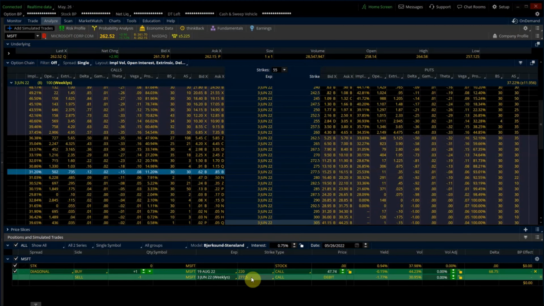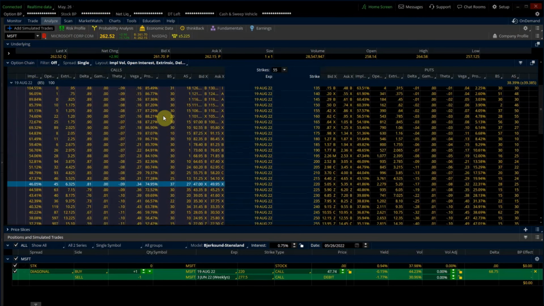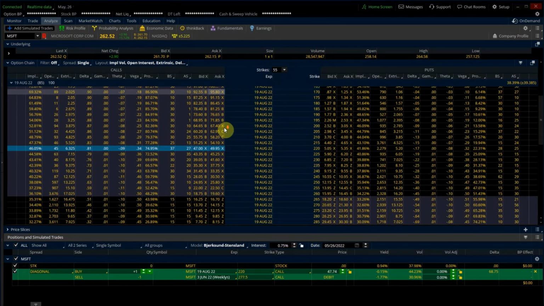So moving on to the other trade, which is buying a deep out of the money long call. Same thing here. I'm going to select a contract that is probably expiring 3 to 6 months out. I will select the one that is expiring on the 19th of August. Okay. And now instead of a two-legged option, I'm just going to select a single leg.